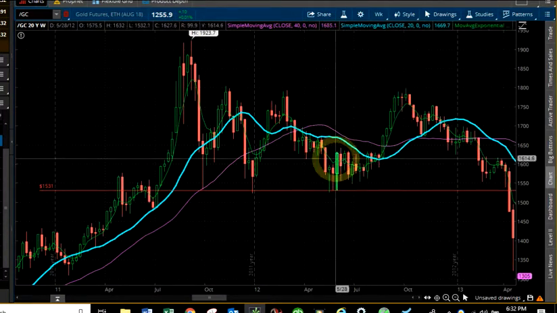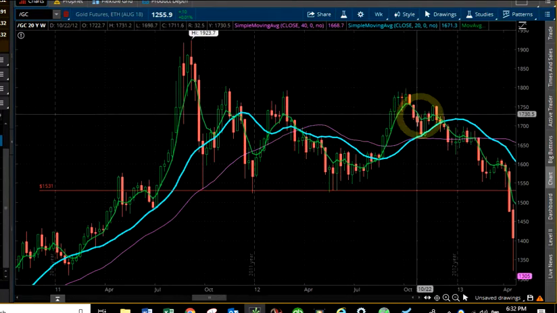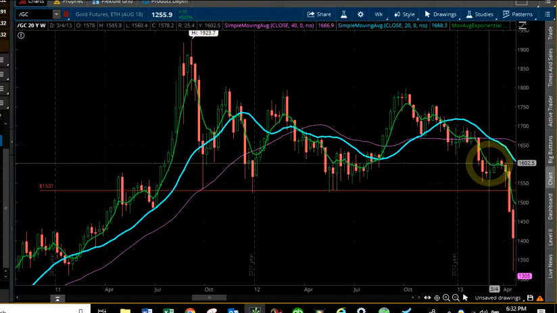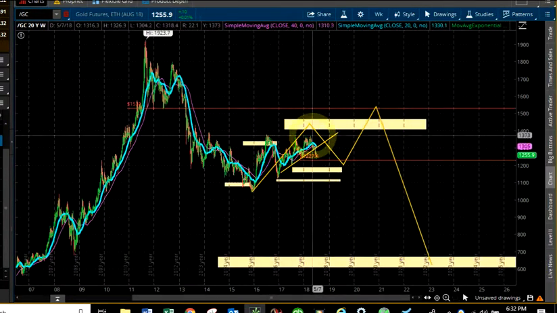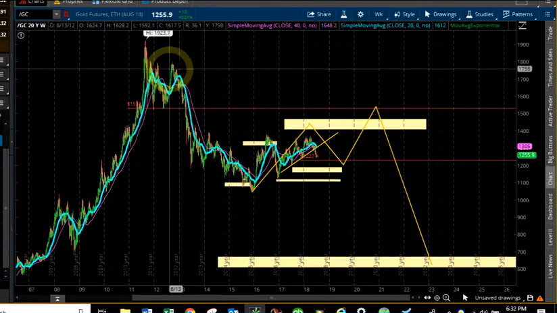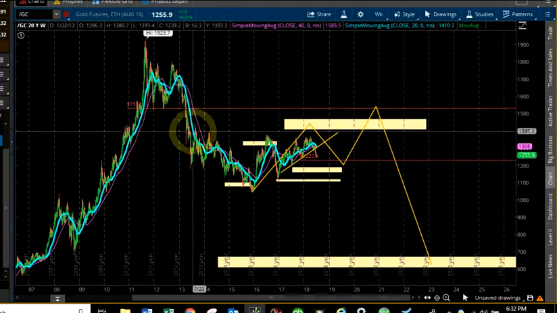So all this congestion and everything, the way this has played out, to me looks just like the S&P 500. So we could end up starting to see some dramatic selling going on in the S&P 500. It looks to me like it's kind of following the way gold did back in 2012. And this kind of move could be the next move.